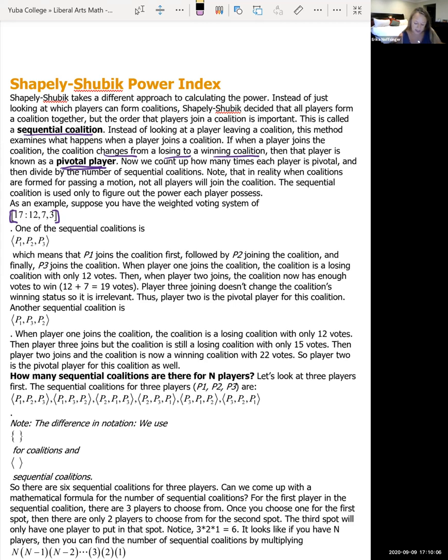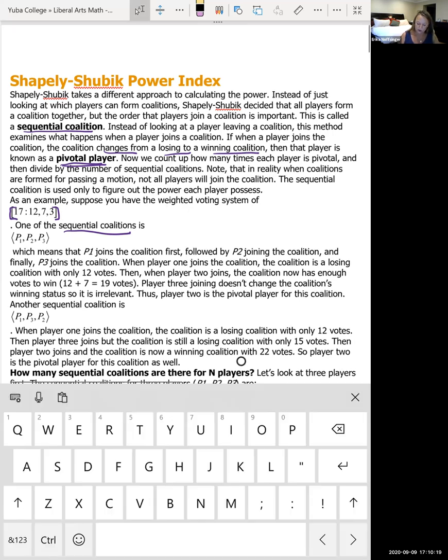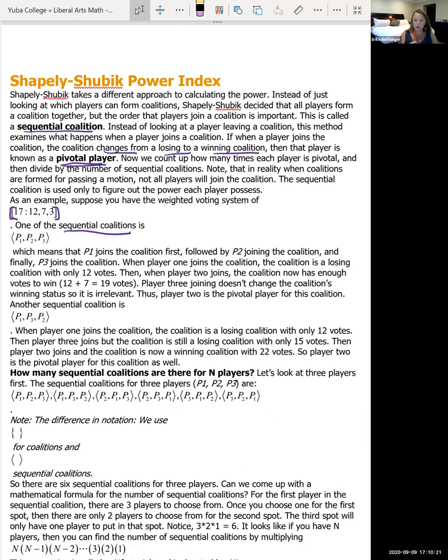One possible sequential coalition is the following. We would list it as P1, P2, P3. When we write it this way, this is the order that they're coming in. So P1 came in and said, okay, I want to pass this.